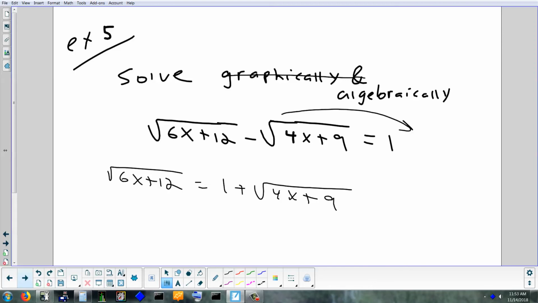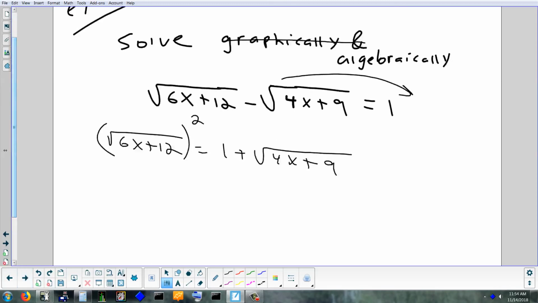The same question. What am I going to do on both sides to get rid of a square root? Square it. Okay. On the left, that's the easy part. When you square it and square root it, this and this just cancel. Now on the right, I'm going to square that.